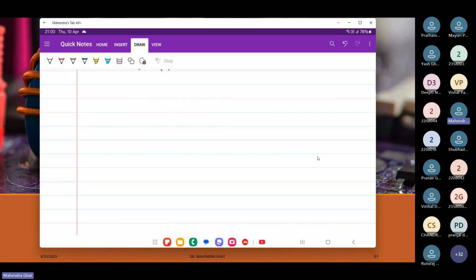Okay, sir. Even some kind of control things, how we can control. Like to control the output voltage, we can vary the duty, we can vary the frequency.